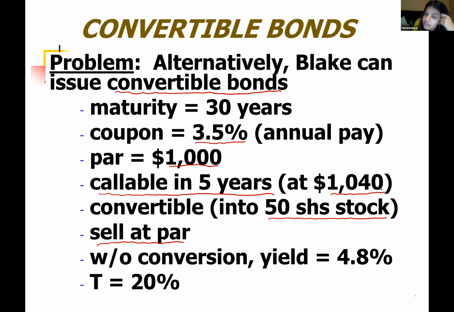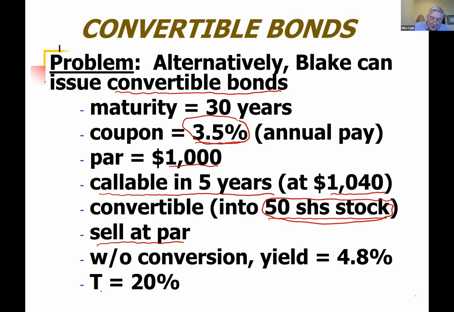They get some interest, but if the stock really takes off, they can convert their bond into 50 shares of stock, and there's no limit to how much money they can make.